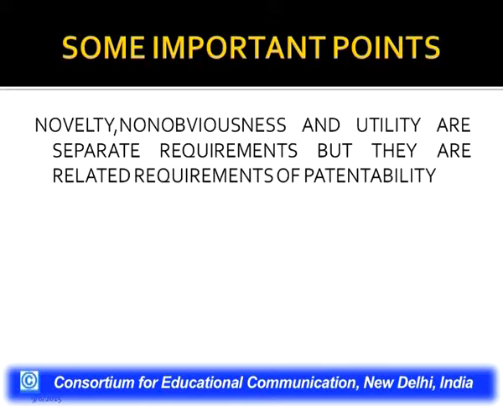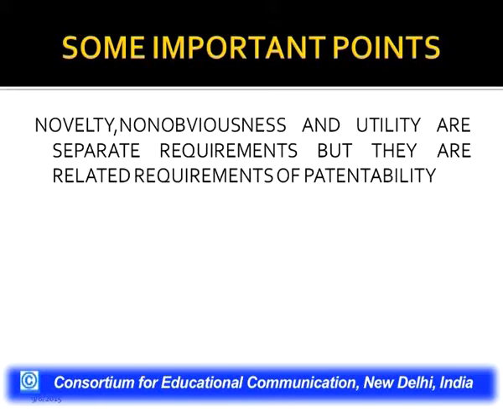When I say they are related requirements of patentability, I mean that under the Patents Act 1970, these requirements are not defined and described explicitly or expressly in one provision of the Act. Rather, these requirements are given under the definitional clause, section 2, interspersed in many of the clauses of section 2. So from there we will have to take them out.